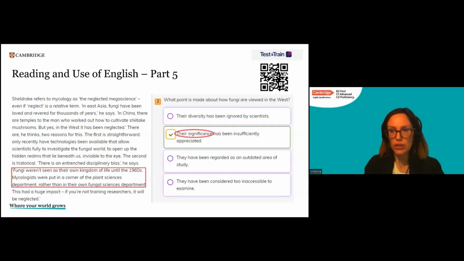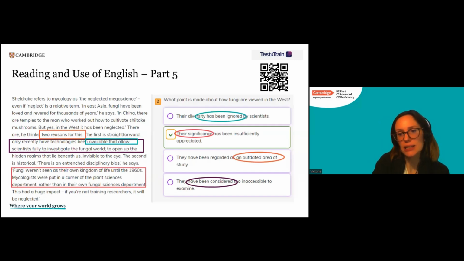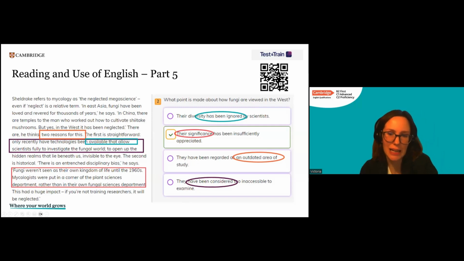So I'm going to give you some time to read the text and the options. Okay, and then I will comment on the different options and the aspect of the text that is guiding us towards the correct answer.